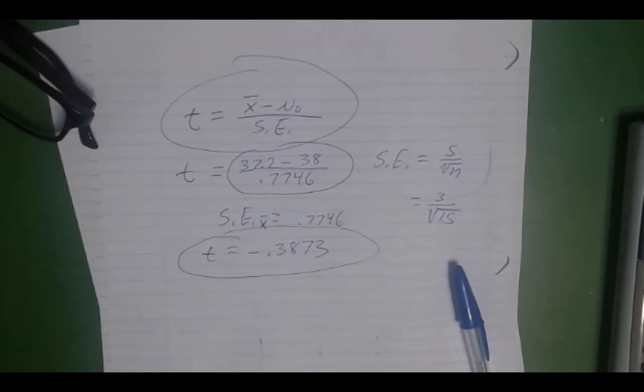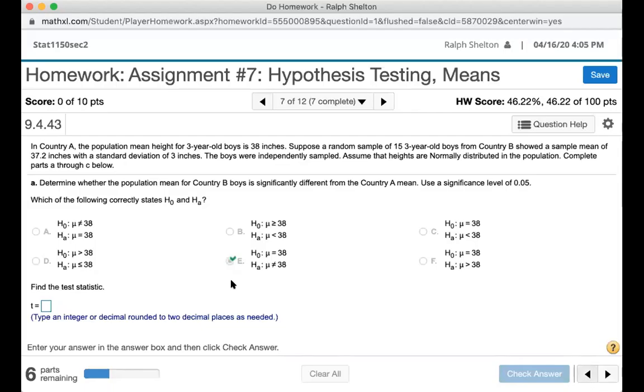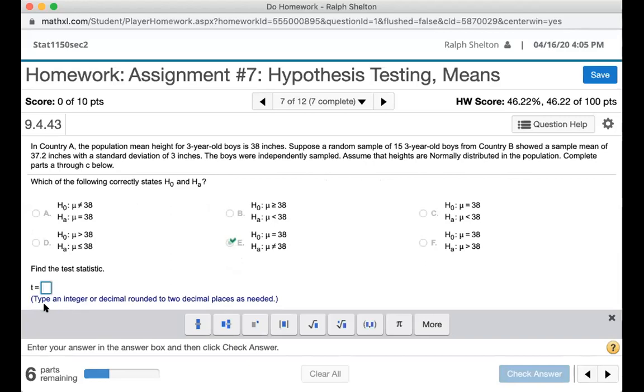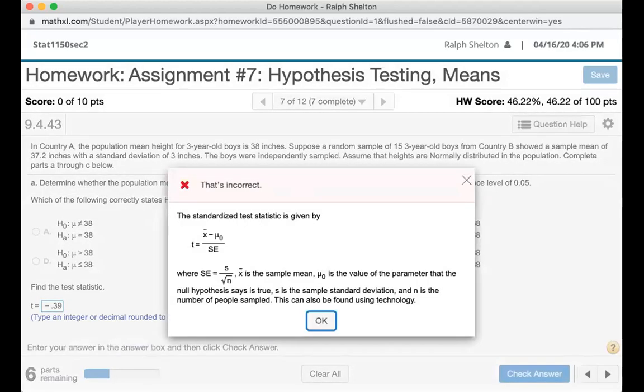All right, and t equals, it wants 2 decimal places, so that'd be minus 0.39, enter. Oops, it doesn't like that. So what did I do wrong here?